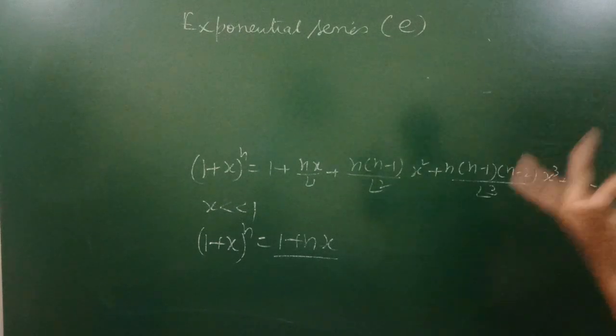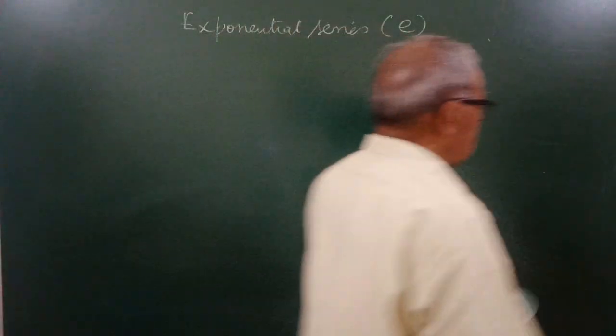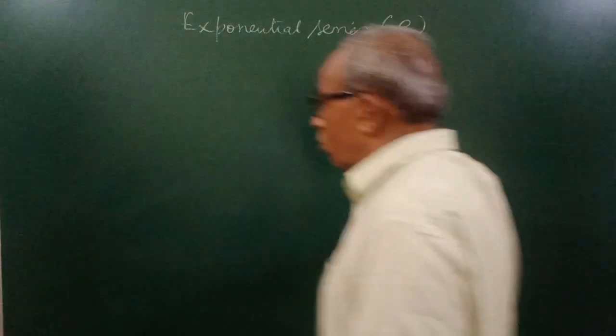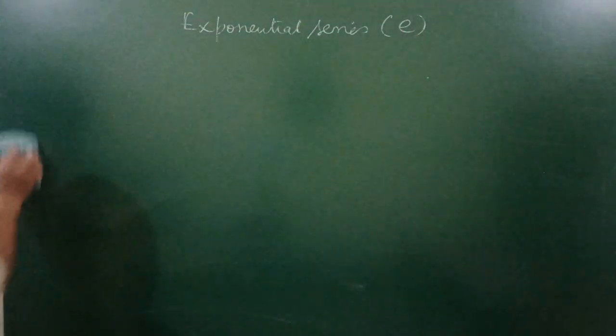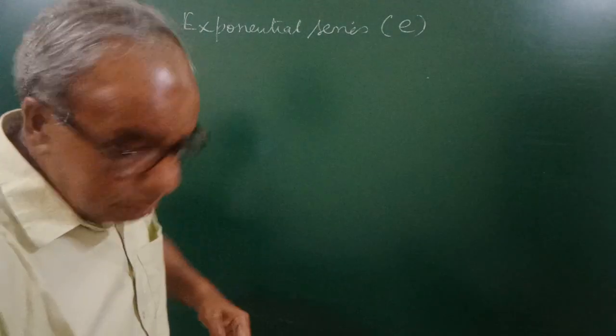It comes in maths. It happens to be in mathematics, that's all. From where has it come? No idea. I did not get any idea from my teachers, and I was puzzled, what is this e? This is called exponential series, but what is that series?